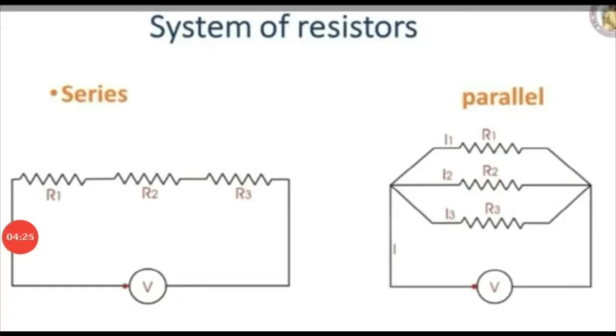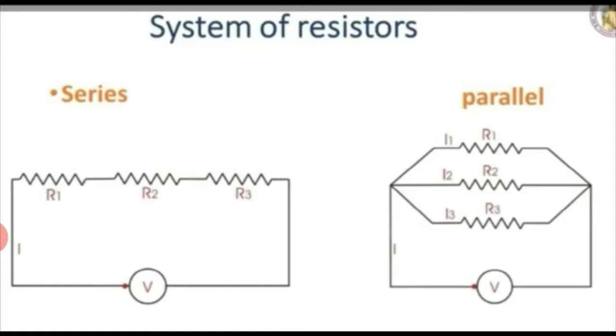Next, system of resistors. Here we are going to see the combination of many resistors in a circuit. Here you can see this diagram. In the first, three resistors are connected in a series circuit.